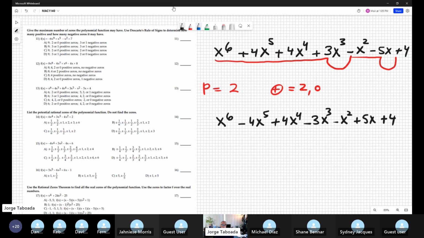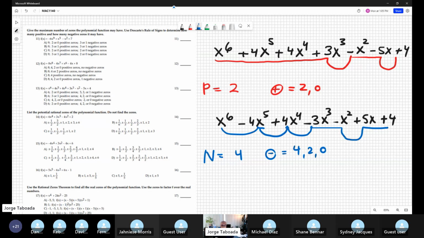So the number of sign changes is 4, and the number of negative zeros would be 4, 2, or 0. Subtracting 2, always subtracting 2.